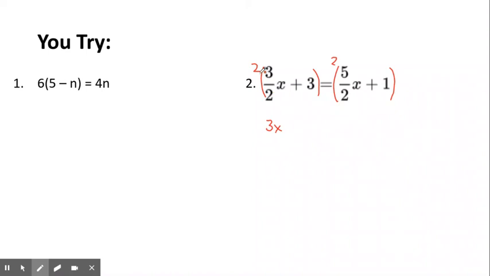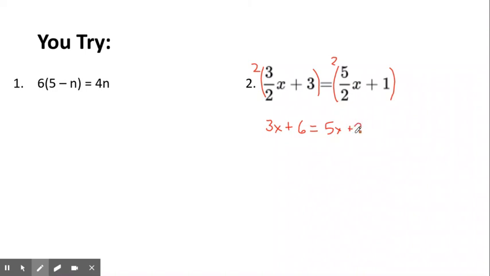So here, those 2's would cancel. But when I multiply the 2 by 3, because I'm distributing, right, that would give me a 6. So I'm going to say plus 6. And then on the other side, it'll be real similar. When I multiply my 2 by the 5/2, those 2's cancel, and I'm left with 5x. And then the 2 times the 1 just gives me a 2.